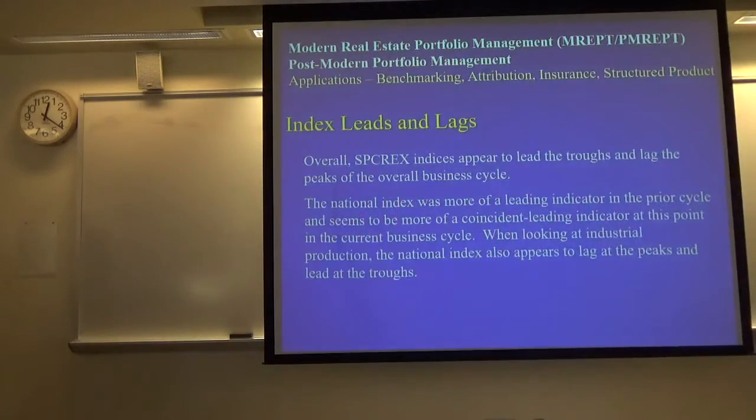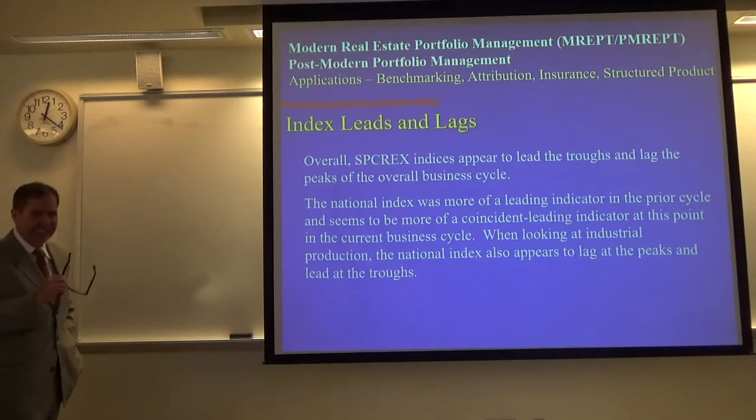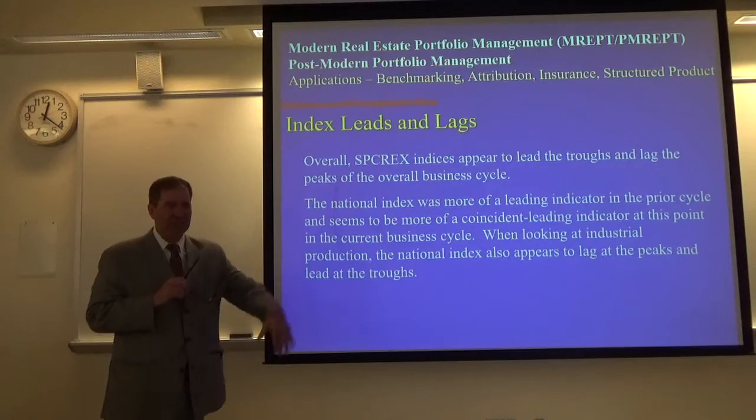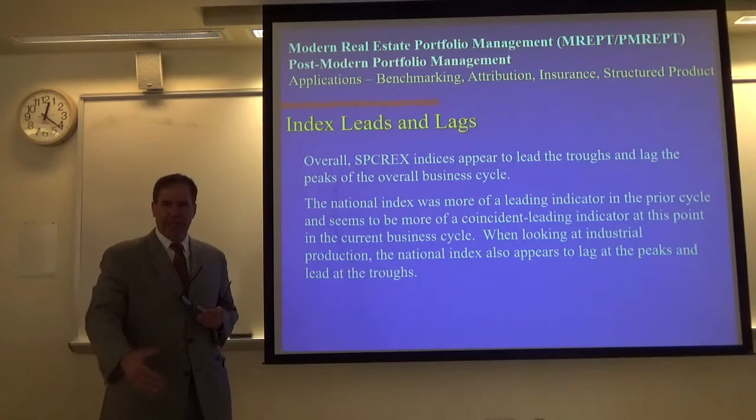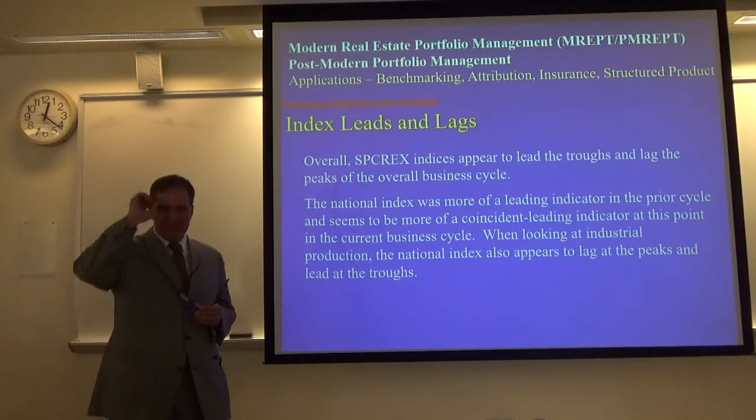So then the results were pretty interesting too. Overall, the indexes appear to lead the troughs and lag the peaks in the overall business cycle. That was the major takeaway, is when the real estate market starts to degrade and decelerate, pricing collapses very quickly, and then the economy bottoms after that. So pricing is forward-looking.